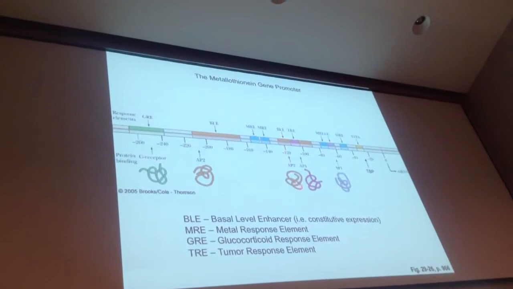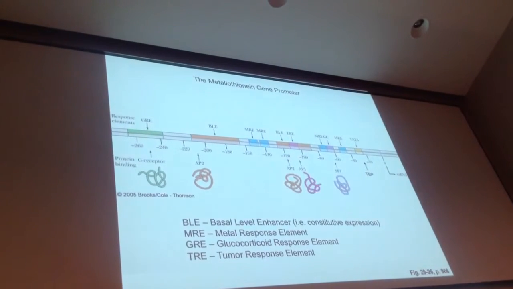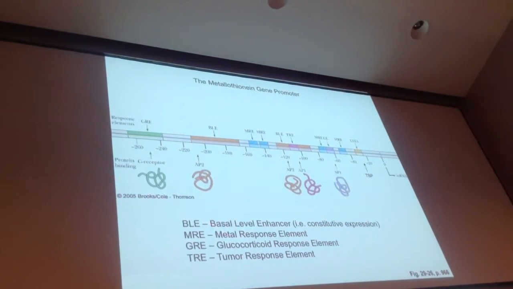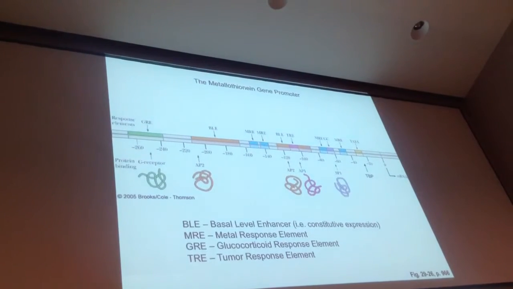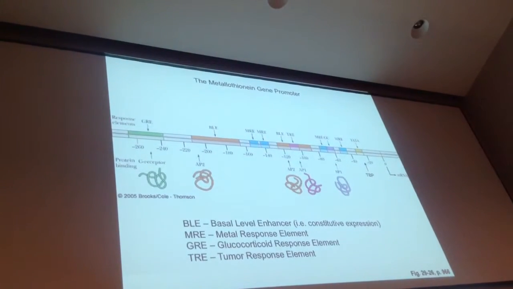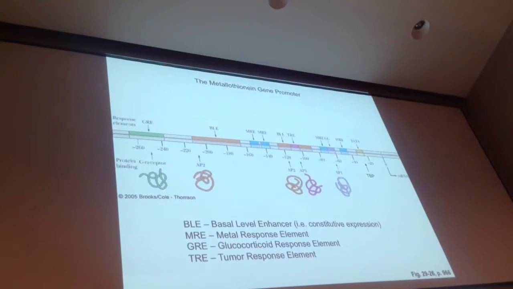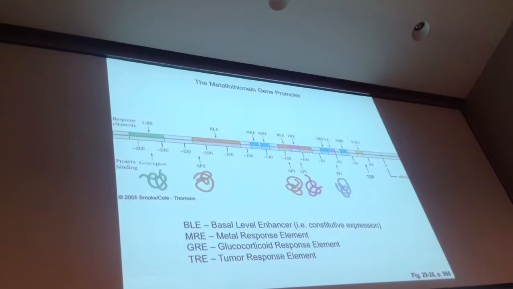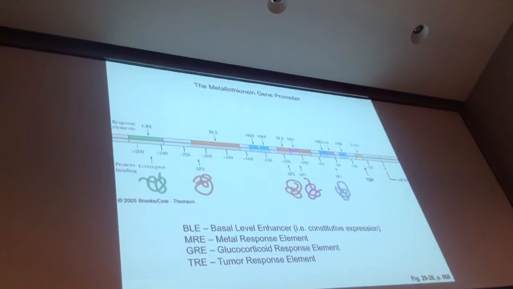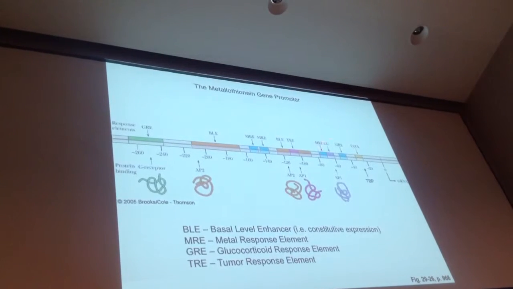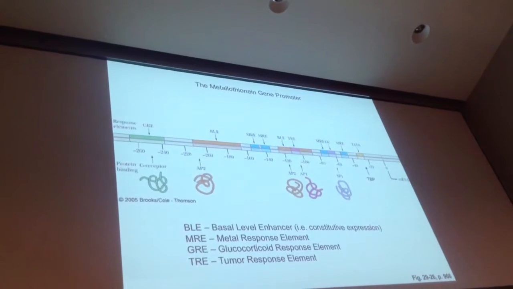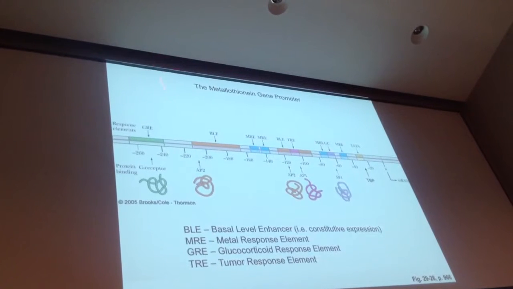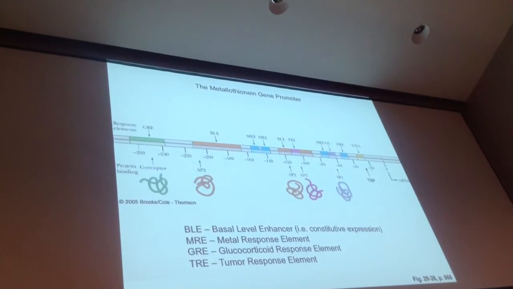The protein that binds to that is called AP2. Metal response elements: if the cell is exposed to toxic metals like lead or cadmium, then it'll bind to a protein, and that protein binds to these metal response elements, these MRE guys here, the blue guys. So now we have proteins at more sites, which increases transcription.